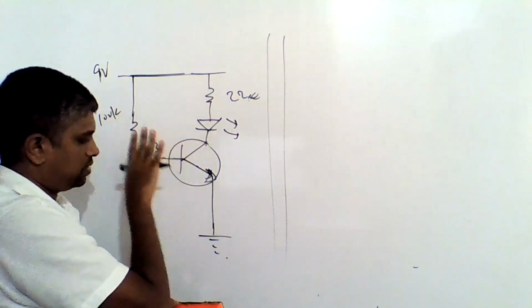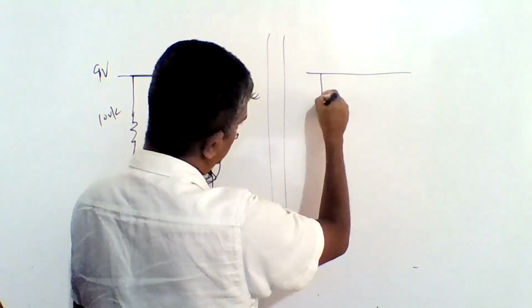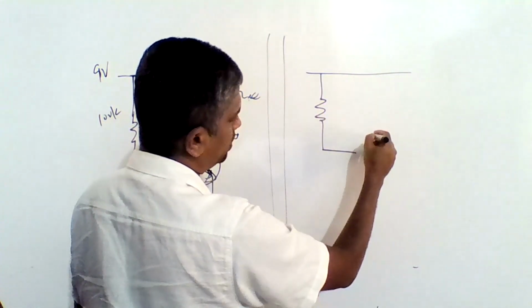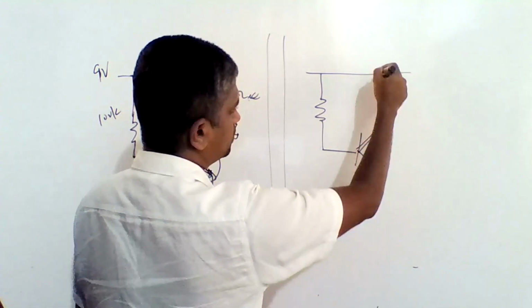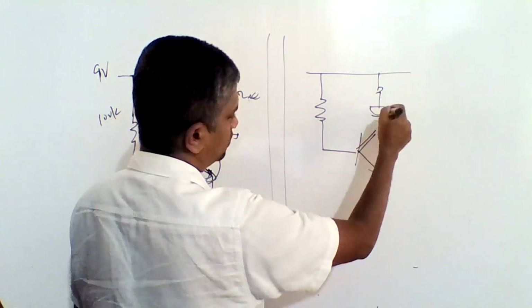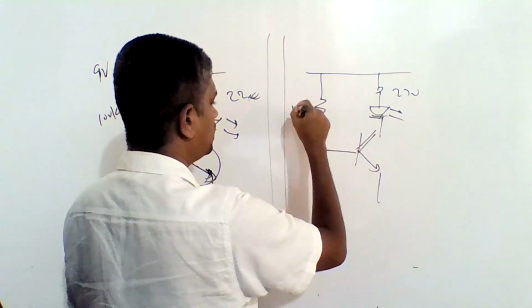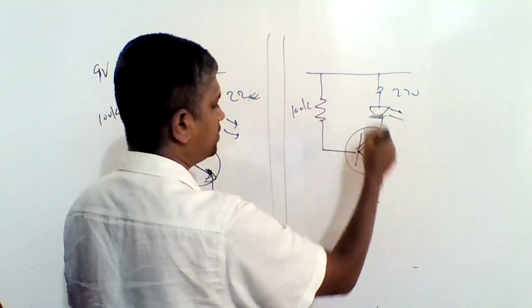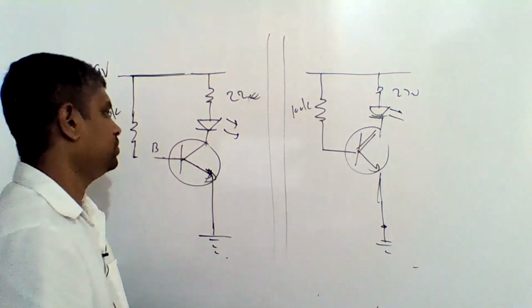On one side you construct this circuit, and on the other side the same copy, or what we call a carbon copy, of the same circuit. 220 ohms resistor, LED, 100K, right? That is the first thing you have to do.